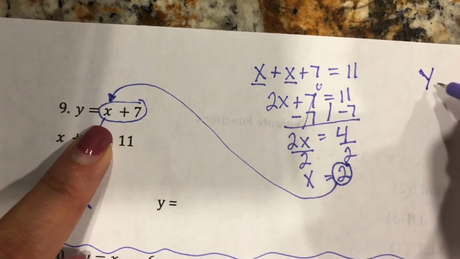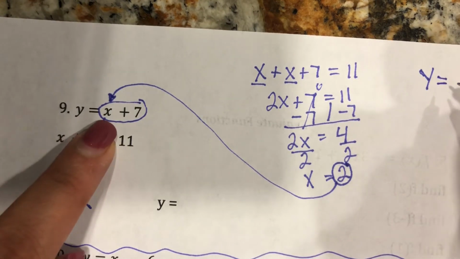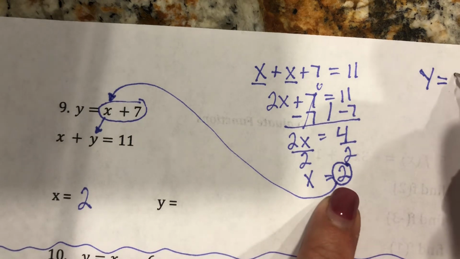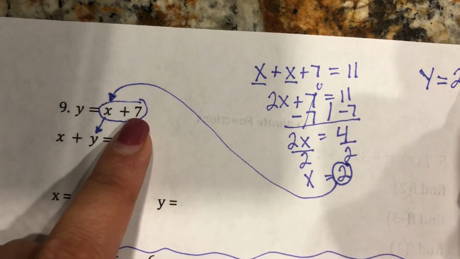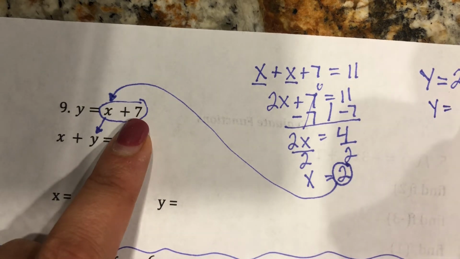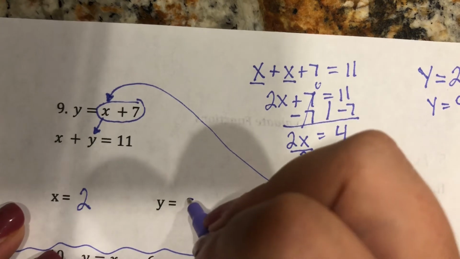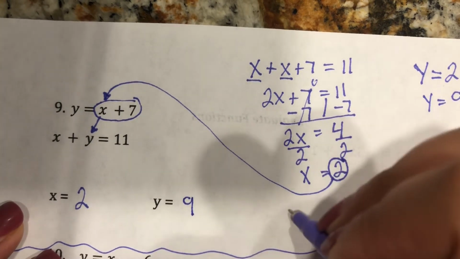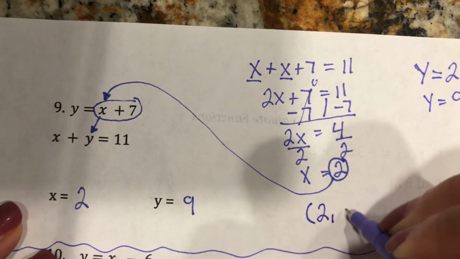So I have y equals, instead of an x, I substitute in a 2 plus 7. So y equals 2 plus 7 gives me 9. So y equals 9. So my answer is 2 and 9.